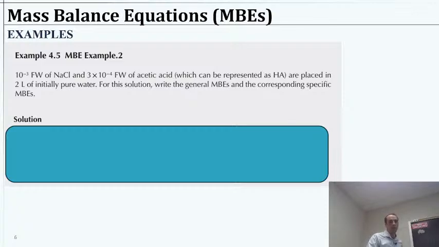So I don't think we need the periodic table here because we're given formula weights, and that means that's the number of moles of this stuff before it dissociated, right? So 10 to the minus 3 moles of NaCl per liter, and we're doing this in 2 liters.